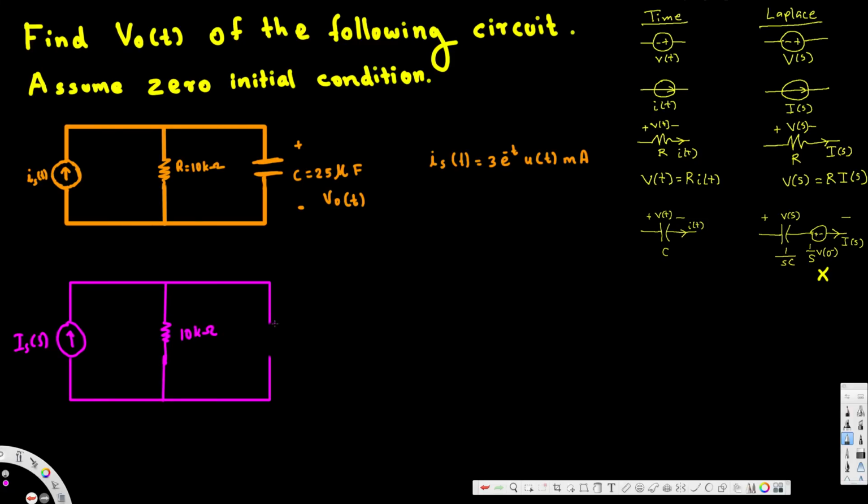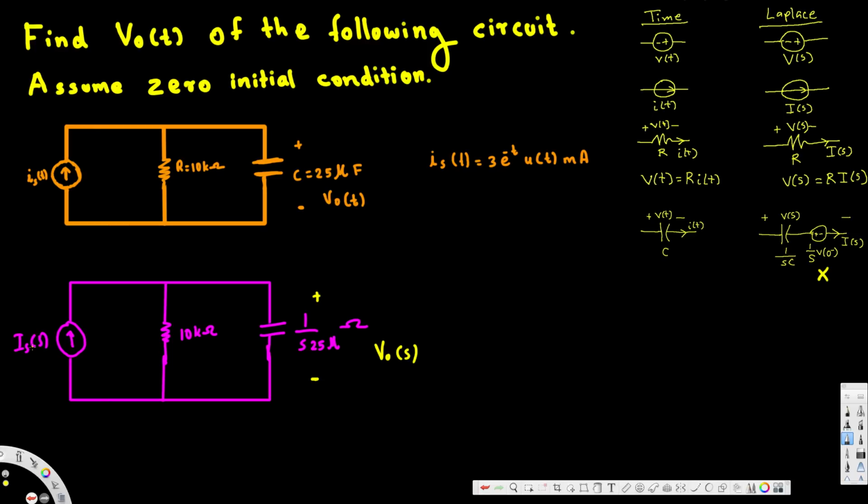The capacitance becomes an impedance, and the impedance is going to be 1 over sC. Since the capacitance is 25 microfarad, this is going to be 1 over s times 25 micro, and this is in ohms because now it's an impedance. Now we are interested in finding the voltage across this, plus minus vO(s).